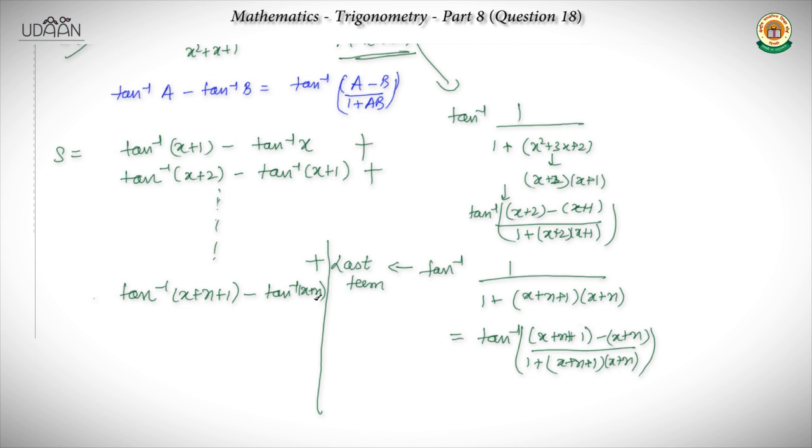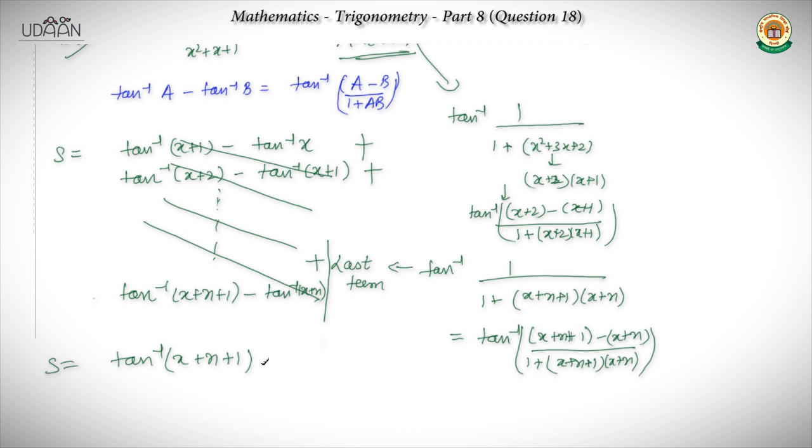So when I see, these terms get cancelled, and my final sum will be tan inverse of (x plus n plus 1) minus tan inverse of x.